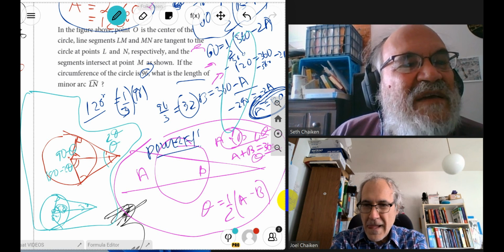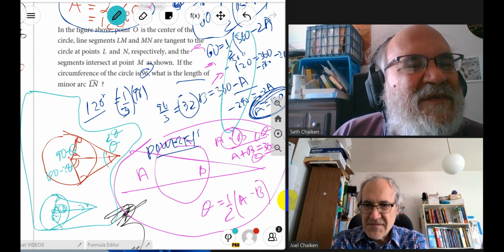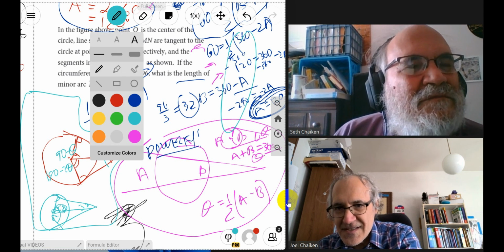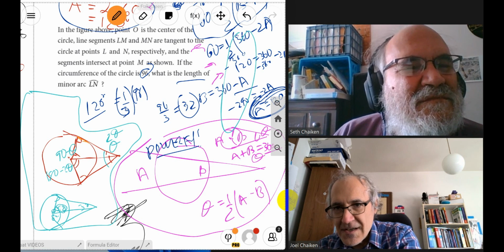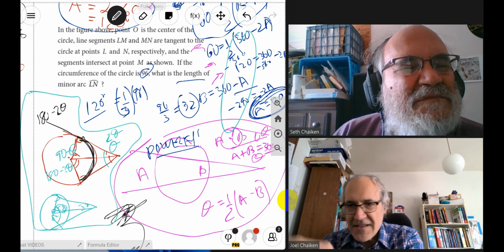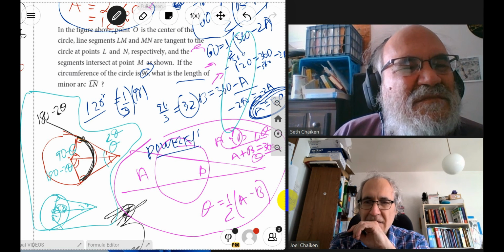Which doesn't say that 2 times 180 minus 2 theta. This here is always 180 minus 2 theta. And is that correct? That doesn't seem right.